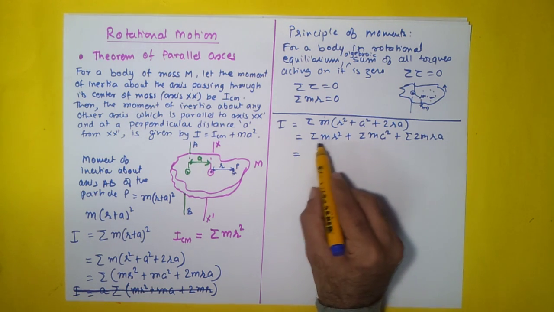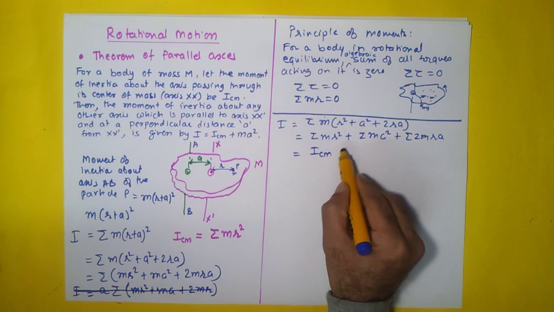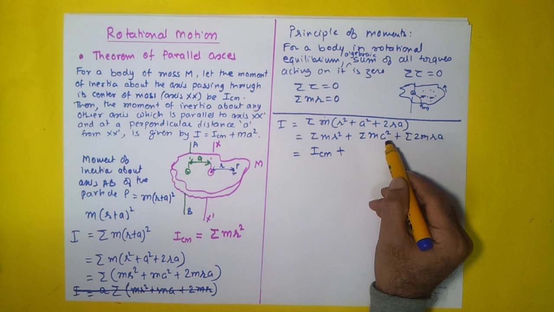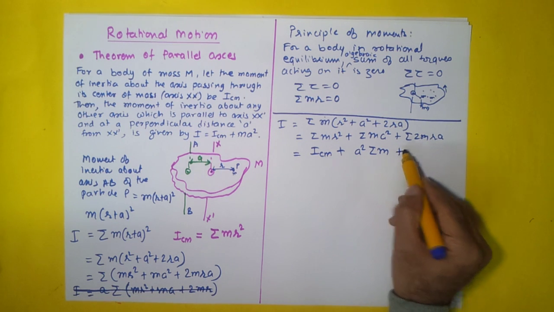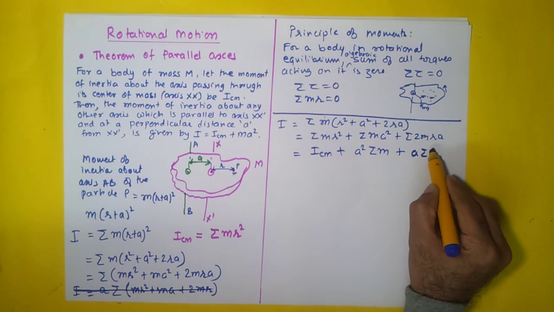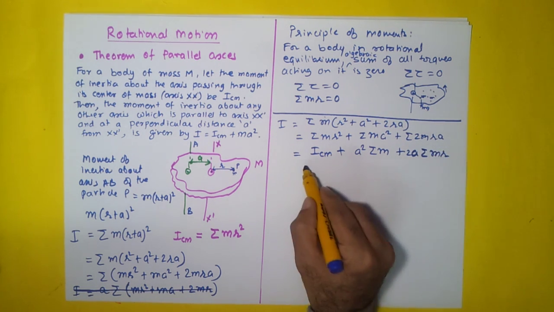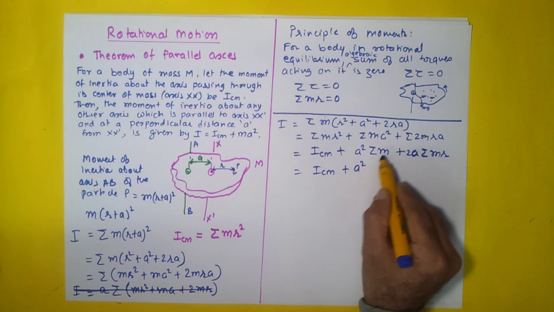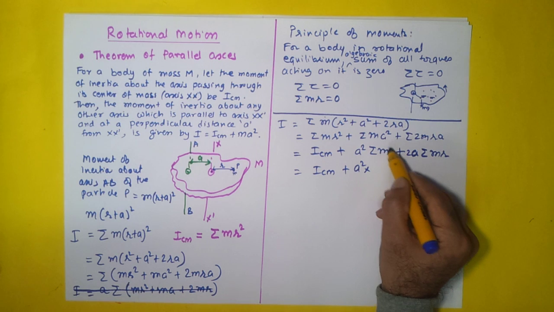Now what is sigma mr square? Sigma mr square is ICM, so I'll get ICM plus sigma ma square. As far as sigma ma square is concerned, I can write this as a square into sigma m, plus 2a into sigma mr. Sigma m would be the total mass of the entire body, because this would be the addition of the masses of each and every particle.